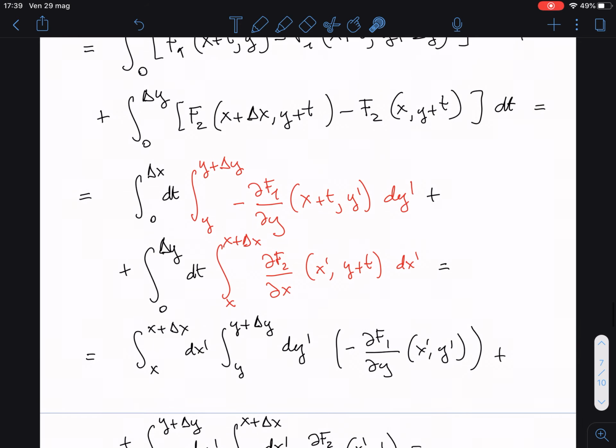So look at the first integral, how to move this extreme of integration to this one, but simply introducing a new variable x prime, which will be x plus t.